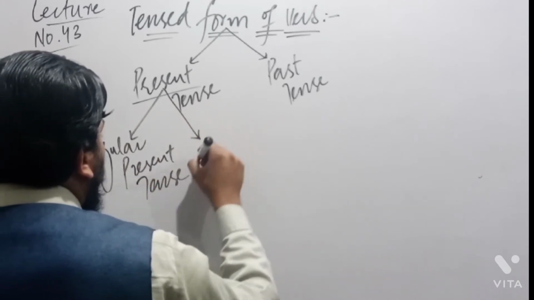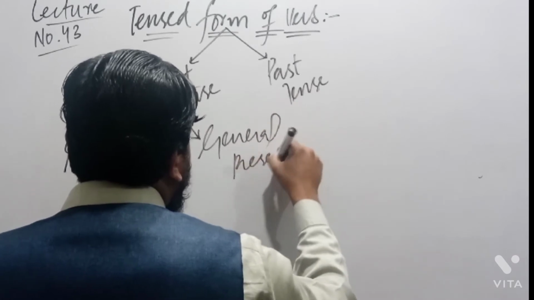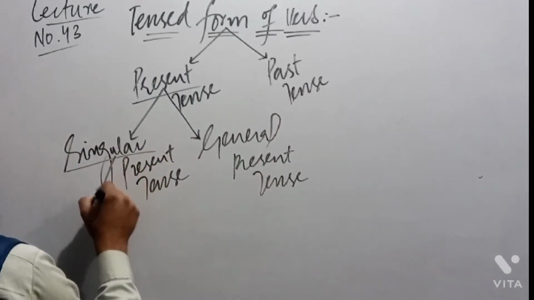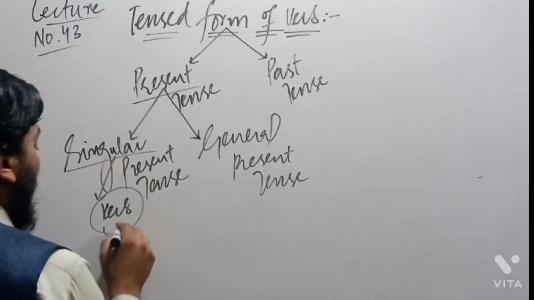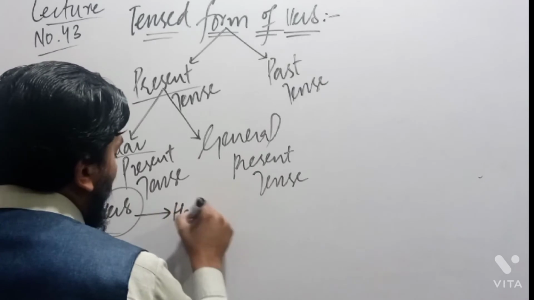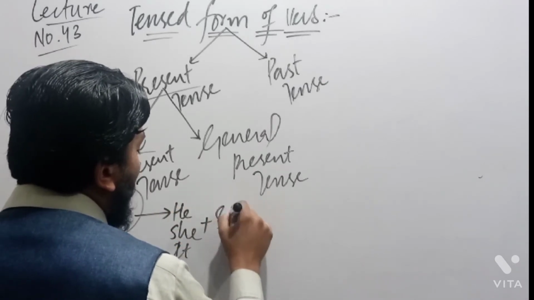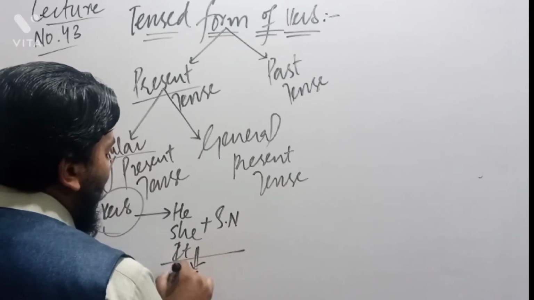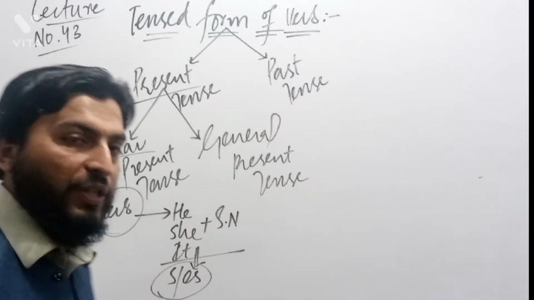Singular present tense means that when a verb in present indefinite tense is used with he, she, it, or a singular name, we must use s or es with that verb. Therefore, the verb is called singular present tense.